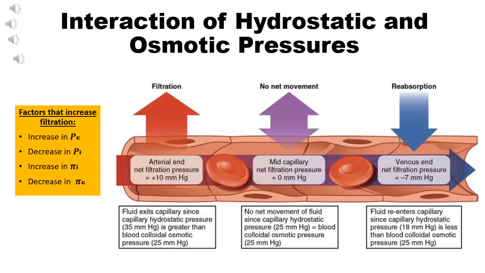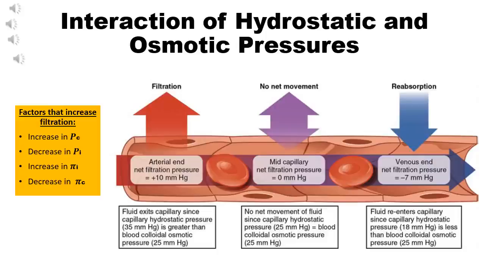For instance, the capillary hydrostatic pressure will be increased, but the oncotic capillary pressure will be decreased, and the same with the interstitial pressure. If a decreased hydrostatic interstitial pressure is going to favor filtration, then an increase in oncotic interstitial pressure is going to also favor filtration, because remember, it's the whole push and pull concept. These factors are opposing each other.